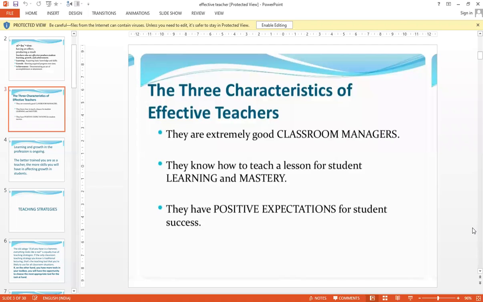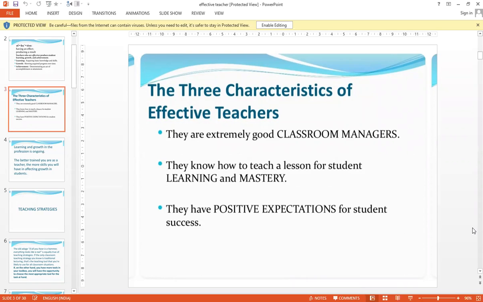And besides this, they also know how to teach a lesson for students' learning and mastering, which means the teacher plays an important role by breaking up the curriculum into a series of skills or instructional units.